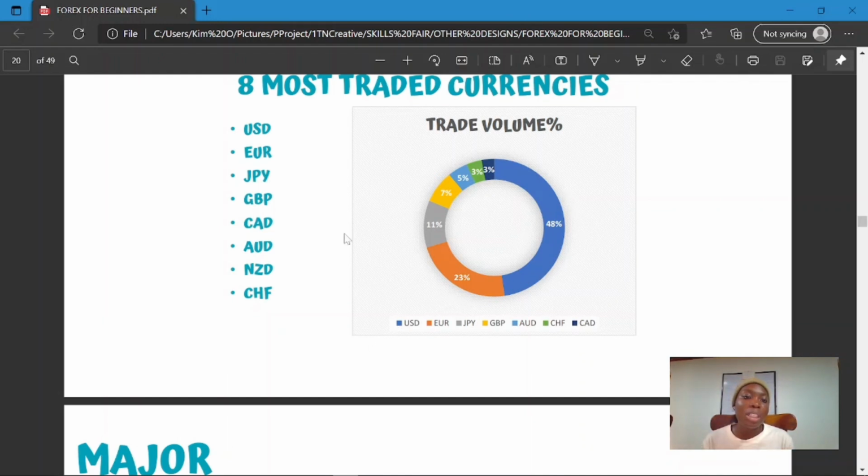currency that is traded. It means the US dollar is the most popular currency and is exchanged almost everywhere because it is the world standard currency. It is the currency that is acknowledged worldwide for the standard of exchange. So we notice that most of the exchange that we want to do is usually compared to the US dollar.